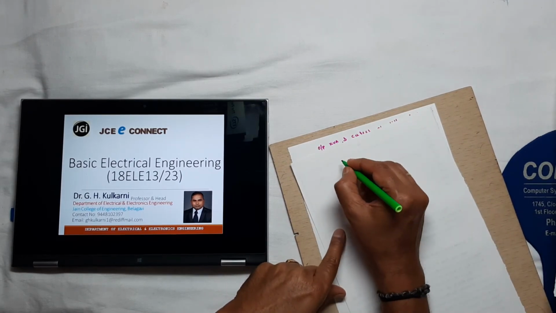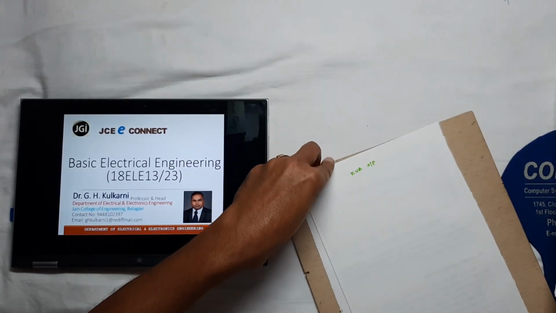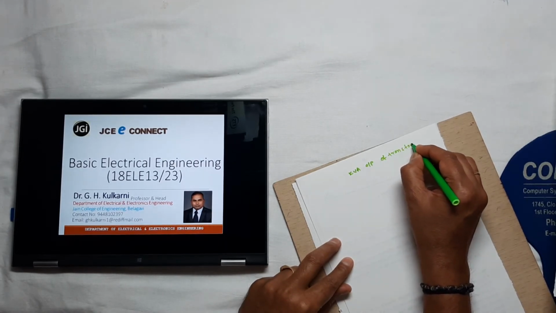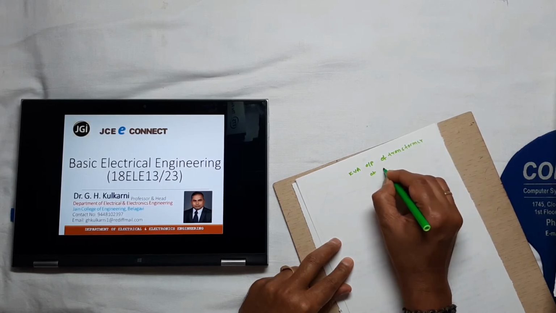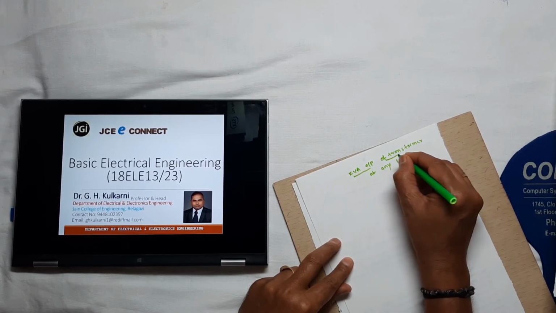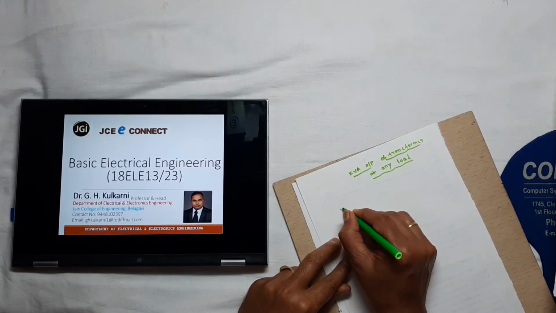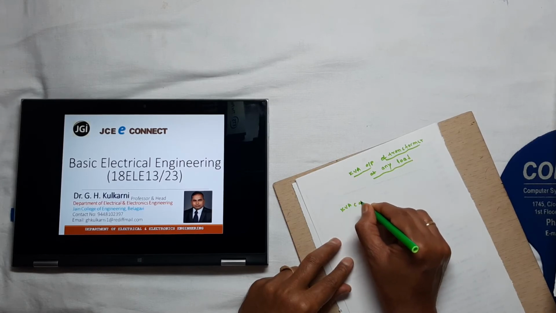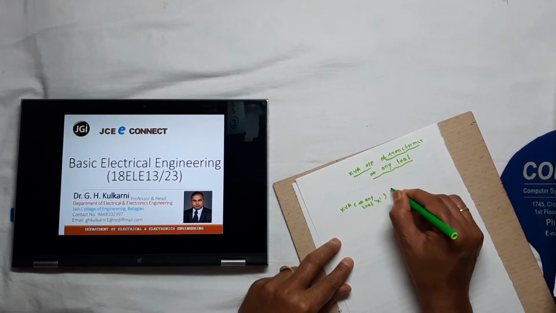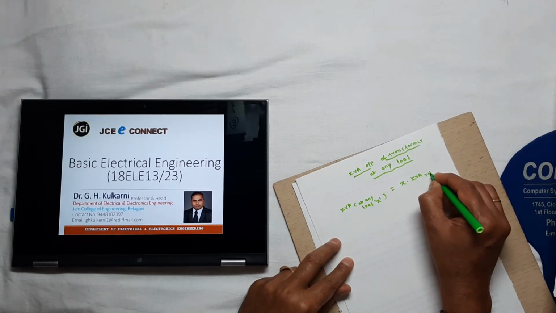That is, the kVA output of a transformer at any load can be expressed as kVA at any load X is equal to X times kVA rated.